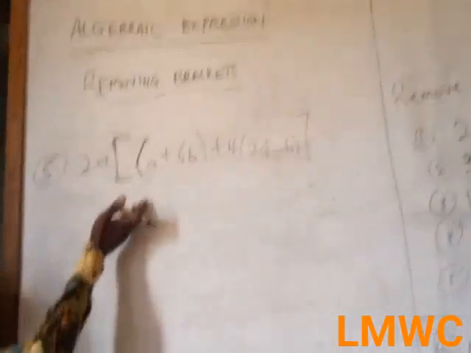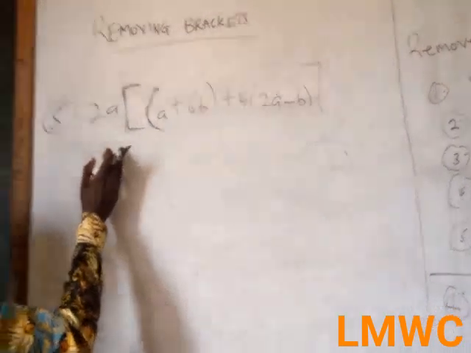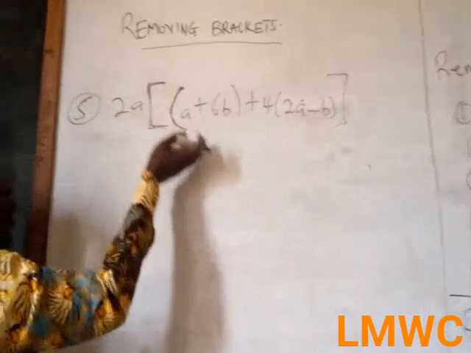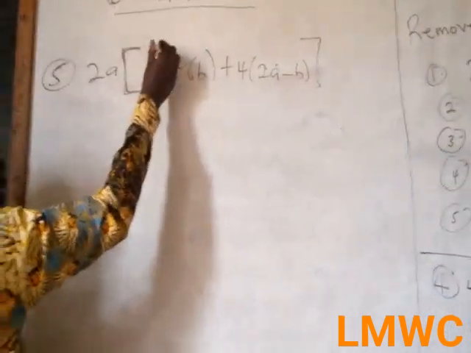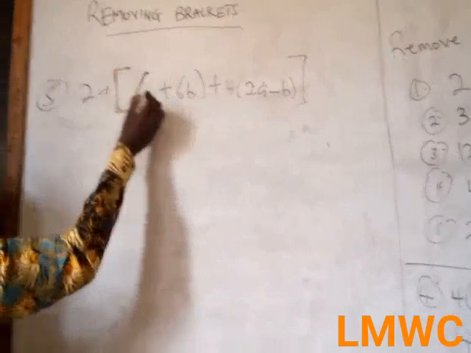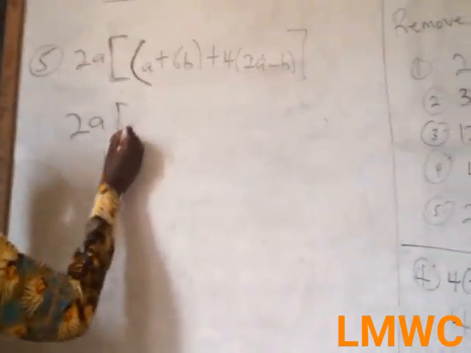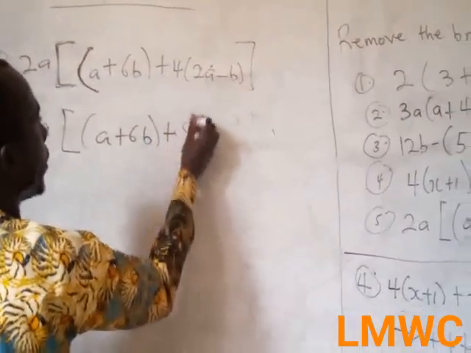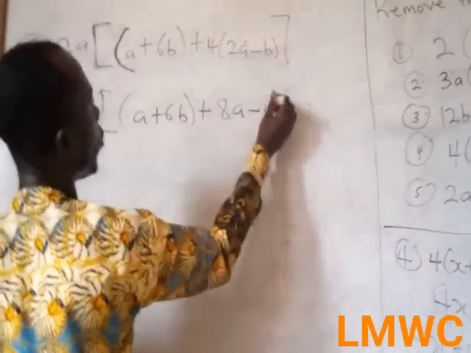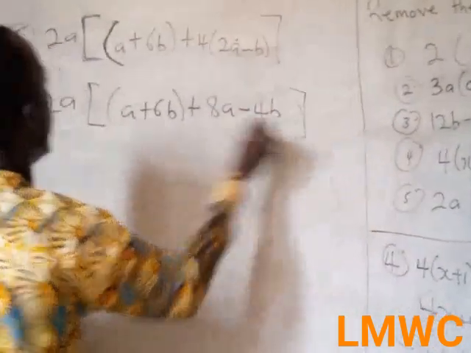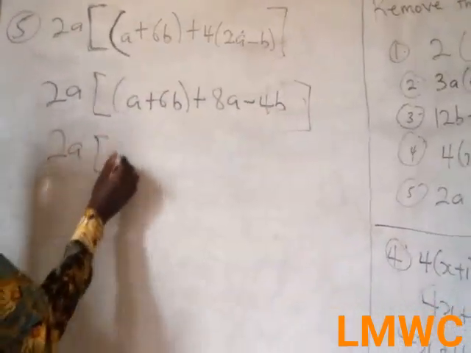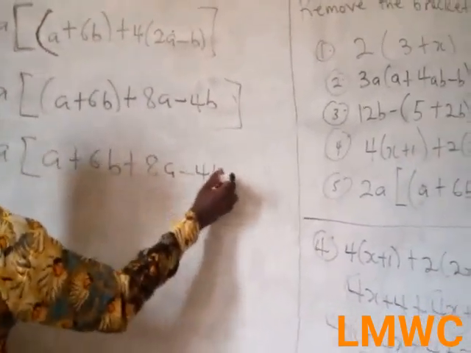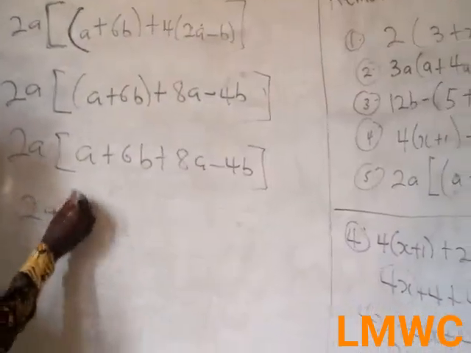The last question. You see, they are giving you 2 different brackets. But always, if you are given something like this, you first solve the bracket in the middle. So this comes first, and this is the second bracket. So 2a(a + 6b + 4(2a - b)). 4 times 2a is 8a, minus 4 times b, 4b. So you have 2a(a + 6b + 8a - 4b).